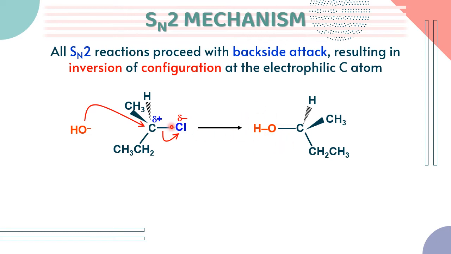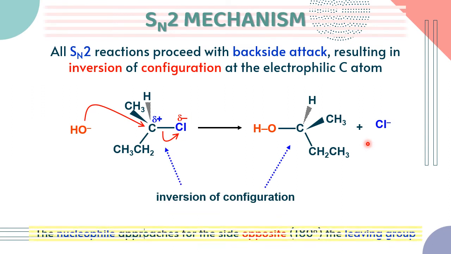So, this is what we call as inverted structure ataupun inverted configuration. So, this is the leaving group just now. So, OH tadi adalah nucleophile. Dia dah form bond dengan carbon and the carbon chlorine bond akan break. Chloride ion akan leave sebagai leaving group lah.